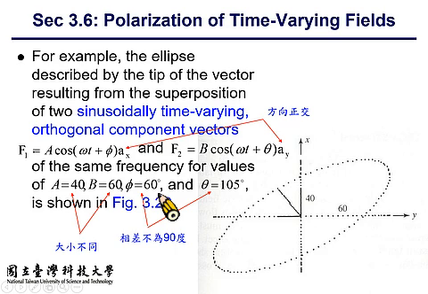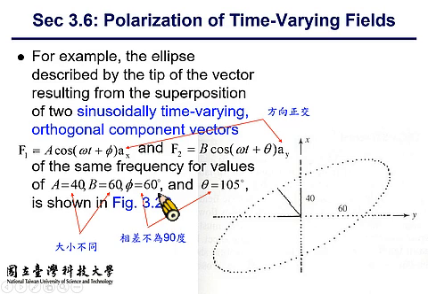parameters. For an ellipse, there are two axes, the major axis and the minor axis. What's the Chinese for that?